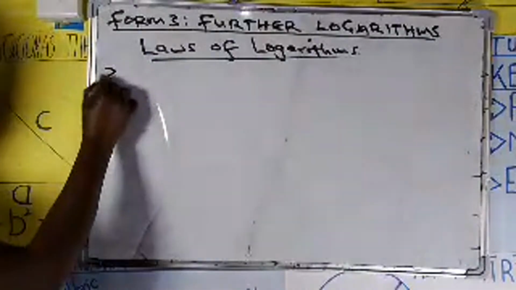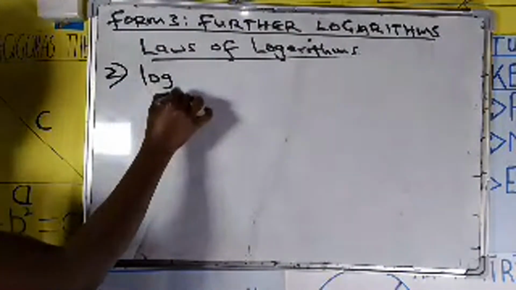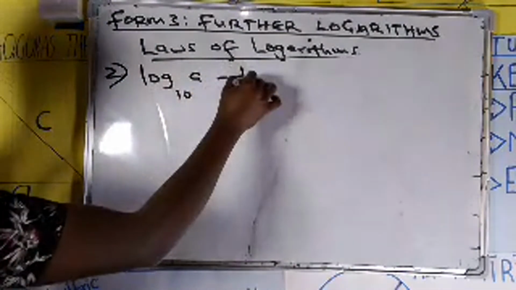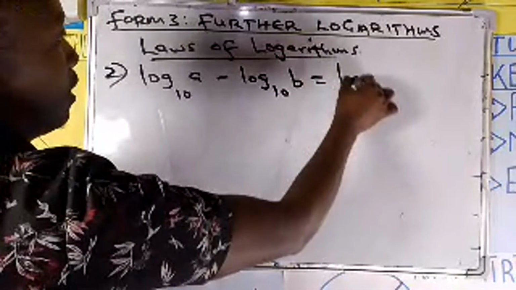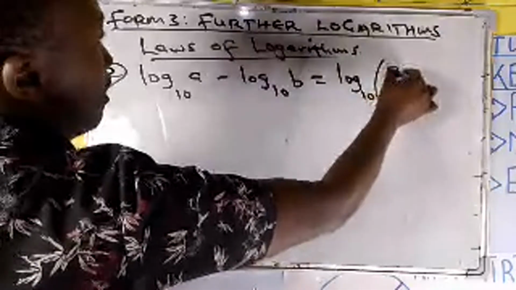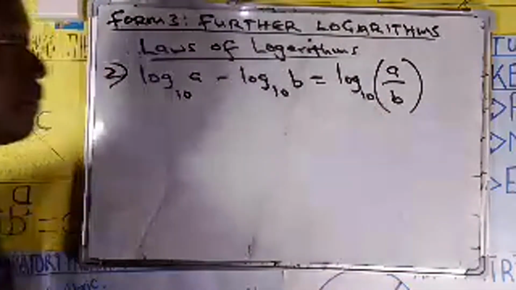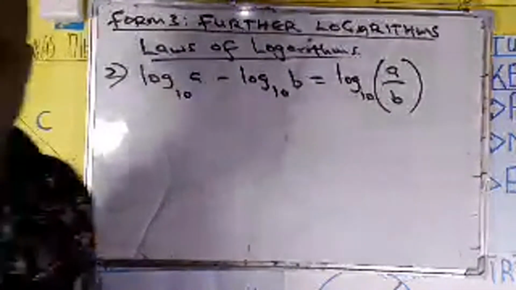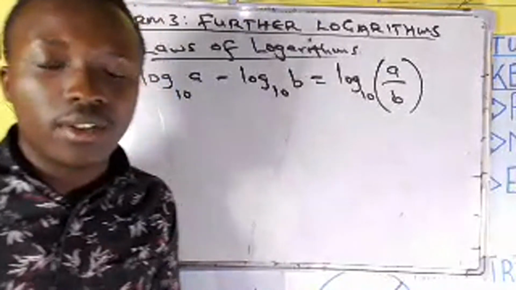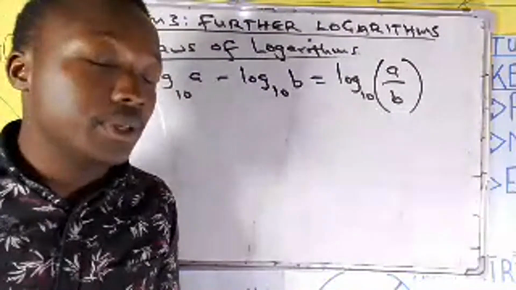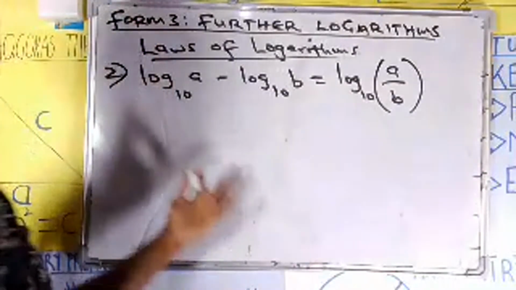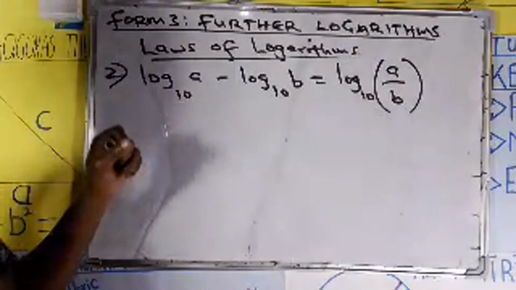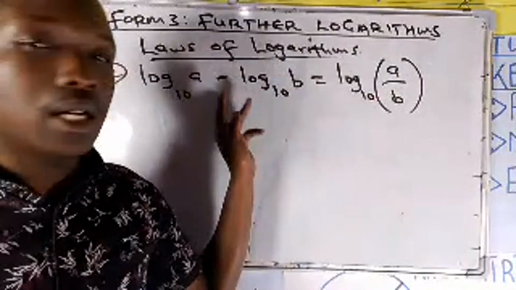Our second row states that logarithm to base 10 of a minus logarithm to base 10 of b is equal to logarithm to base 10 of a over b. You can note the difference. There is not a big difference between these and the rows of indices. It is one and the same thing. When we were dividing, we were subtracting.